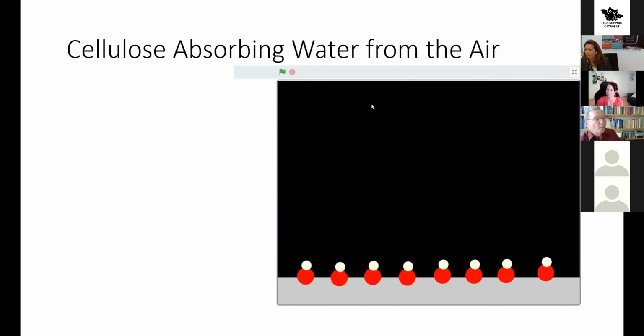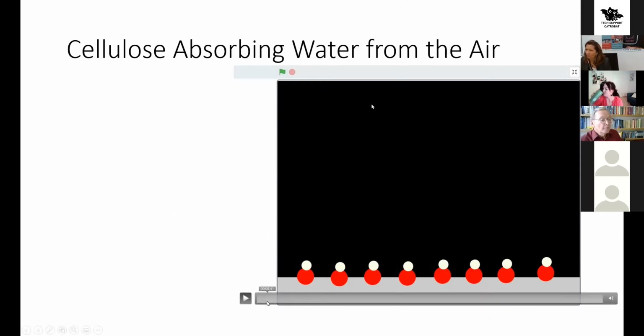For example, maybe you know that cotton consisting of cellulose absorbs water from the air, and it gets kind of damp when the air is humid. And you can explain the absorption of water with a model.